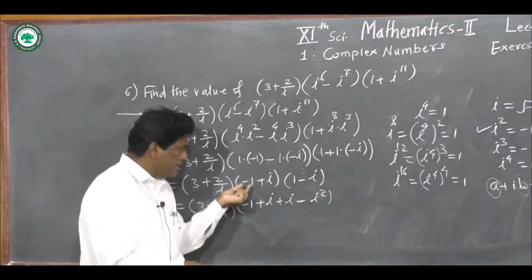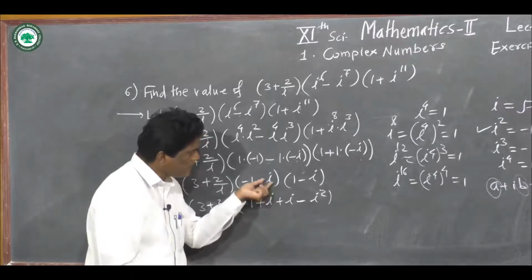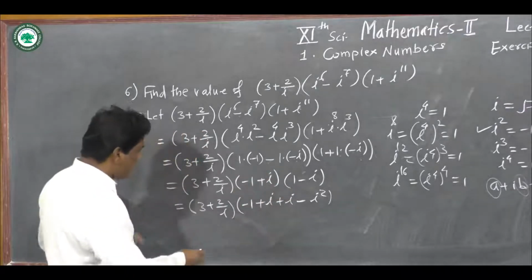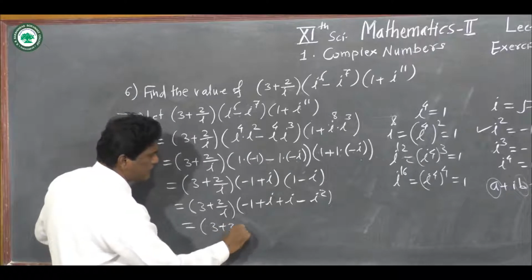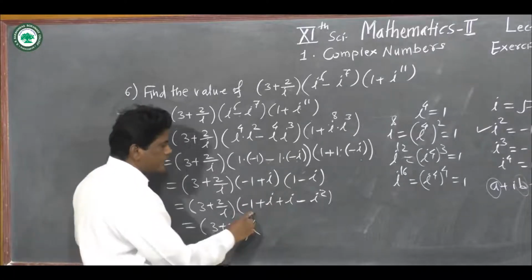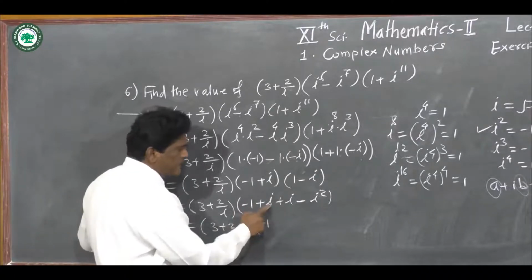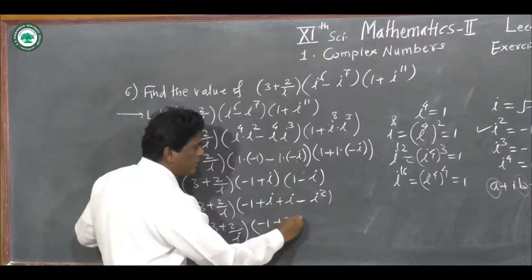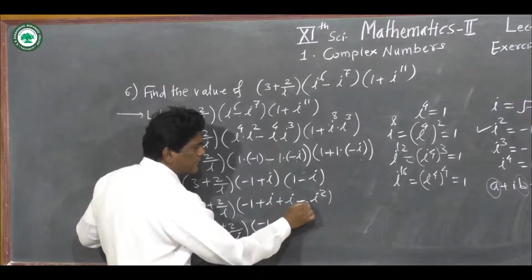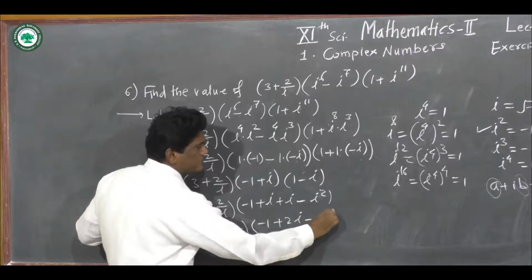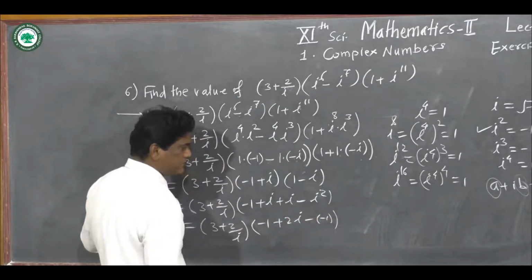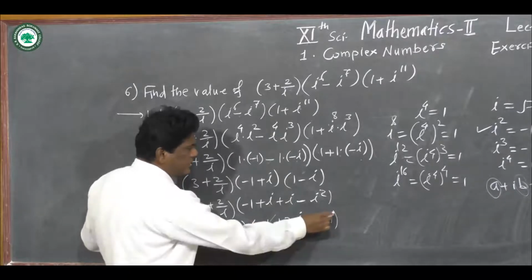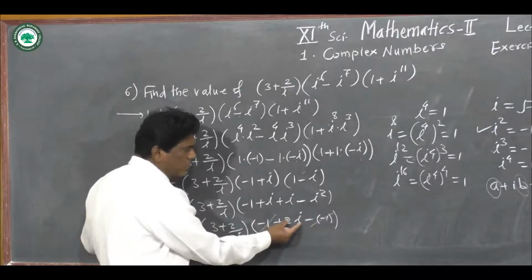We multiply this minus 1 to this bracket and then plus i to the same bracket. And so we get 3 plus 2 upon i into this minus 1 as it is, plus i plus 2i, and here minus, and this i squared is minus 1. Now this minus 1 into minus 1 is plus 1, and this minus 1 gets cancelled with the other. So here remains 2i.